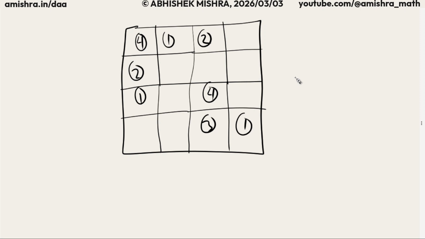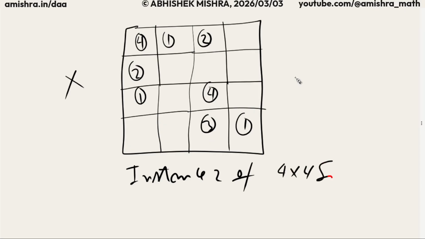Now we can easily see that this is an invalid instance. So call this instance 2, instance 2 of 4x4 Sudoku. Why is this invalid? Just focus on this first column. We have 1 2 4. So here we should have 3.